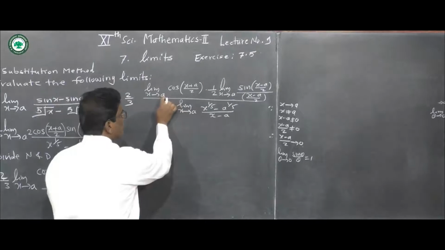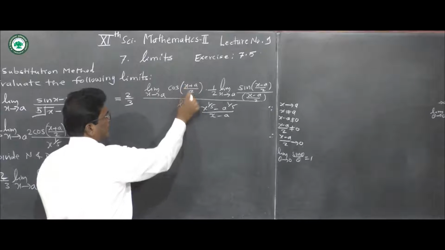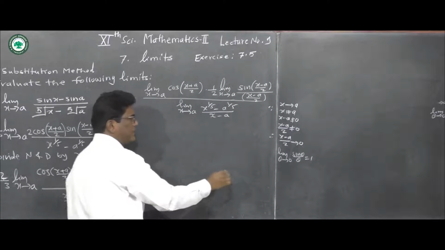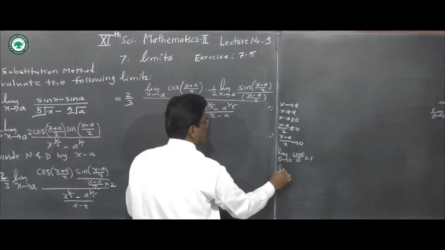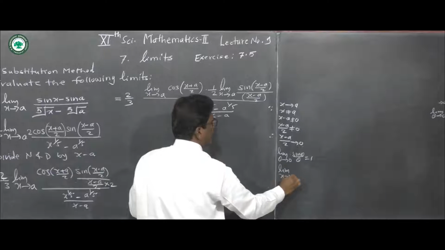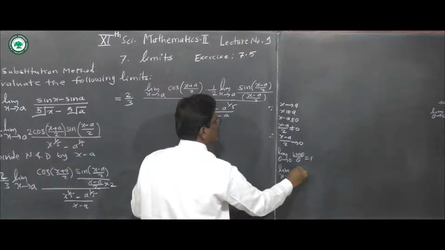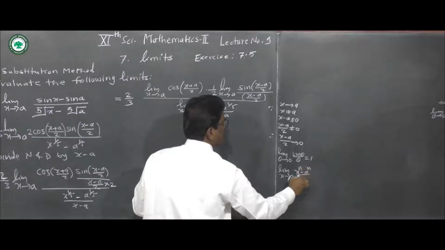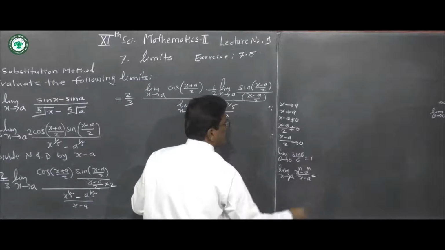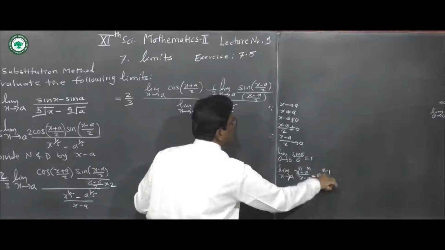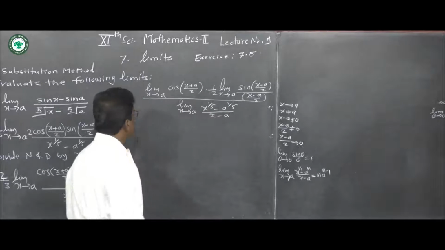And now here we put x as a directly, and here use the standard formula. Which standard formula? That is limit as x tends to a of x to the power n minus a to the power n upon x minus a, that is equal to n into a to the power n minus 1. This is the standard formula.